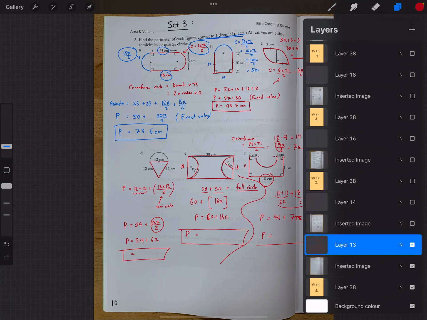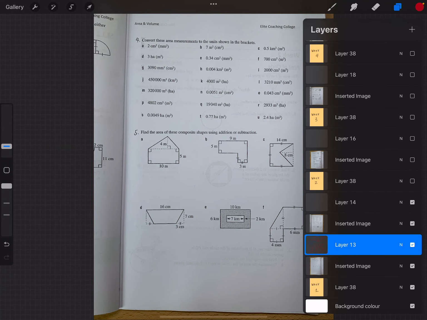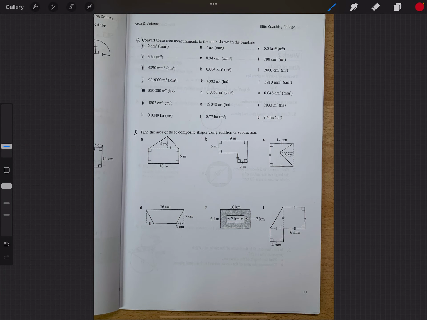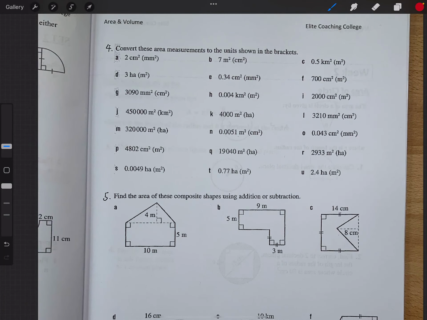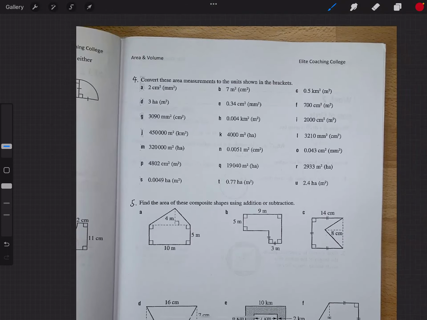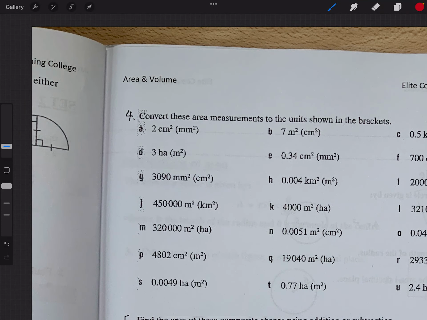Okay, so that's that one. Now let's go to the next page. Now for the conversion, convert these area measurements to the units shown in the brackets. Okay, so we need to have a conversion sheet or something.